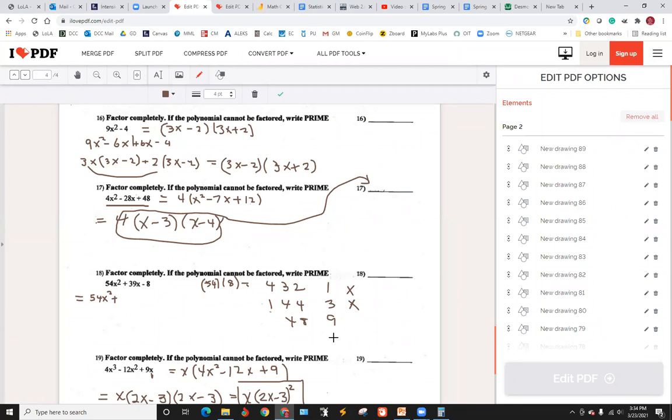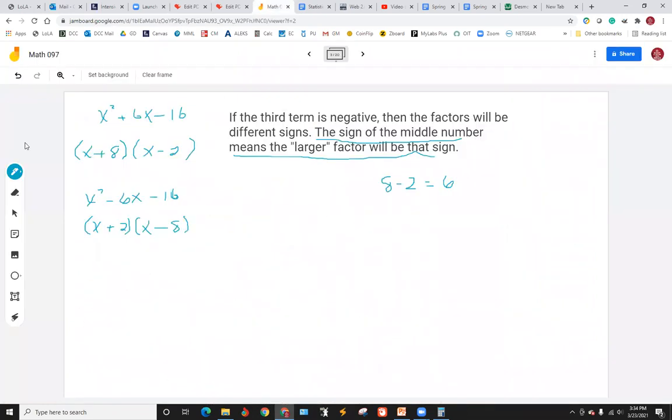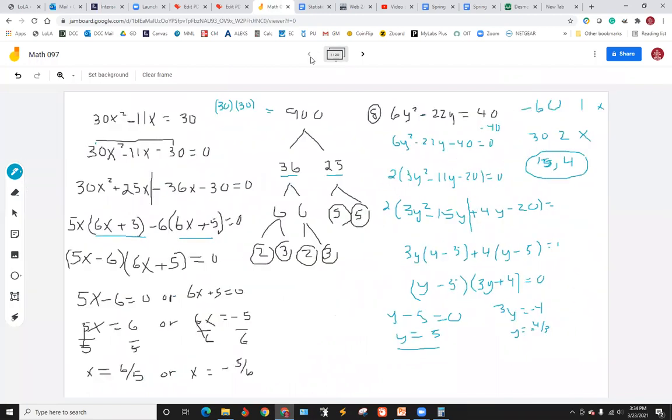This method works a little bit better. I don't know why. I just all of a sudden started seeing this, rather than write out like I did over here. And this, like I said, it works. It's just that it can be a pain in the neck. That works to bring it down into all the possible factors, and you can just try different combinations.